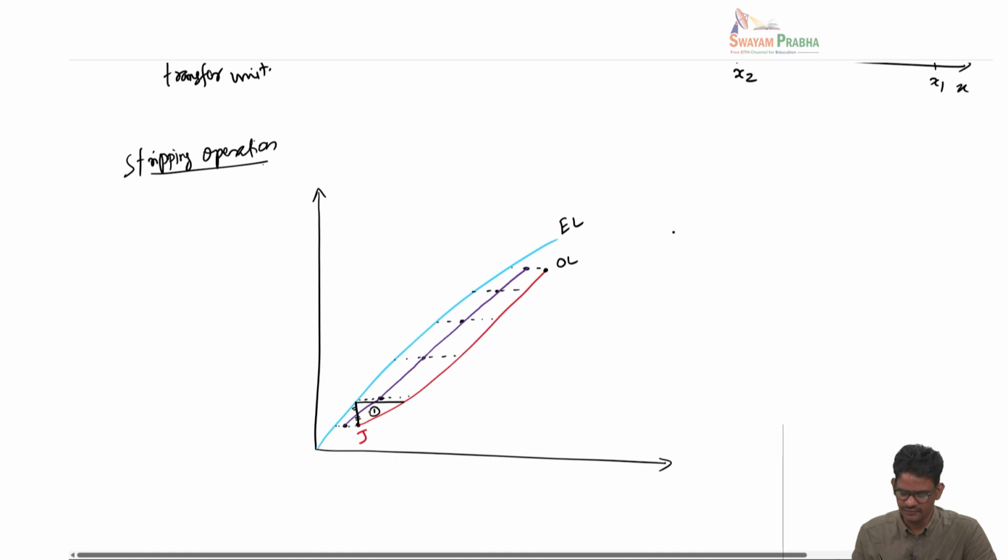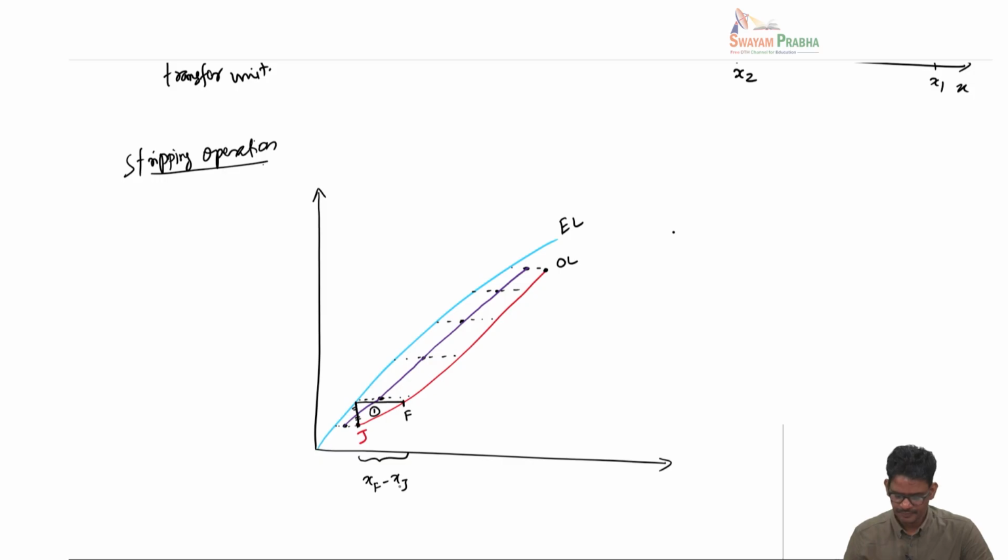And this is the first unit. So let's say this point is F. Then xf minus xj is the change in the composition in the liquid phase in one transfer unit.